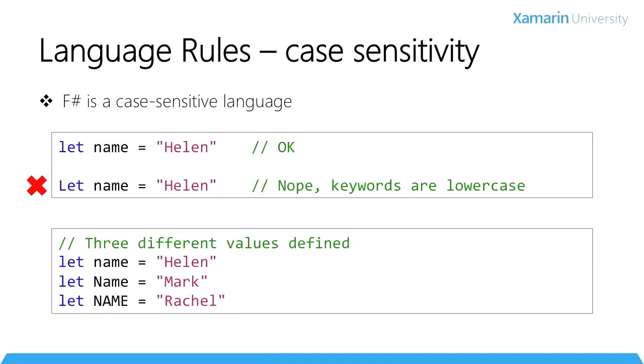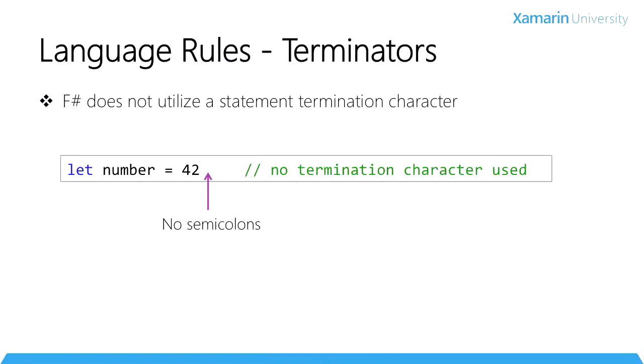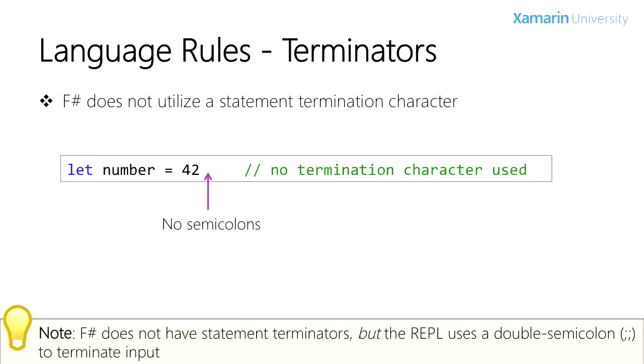So they're all perfectly valid, although it's a little bit of obfuscation being done by hand, and you want to be aware of those kinds of things too. And F# doesn't use statement terminators, although as you've seen, the REPL uses them to terminate a block of entered code and then begin executing it.